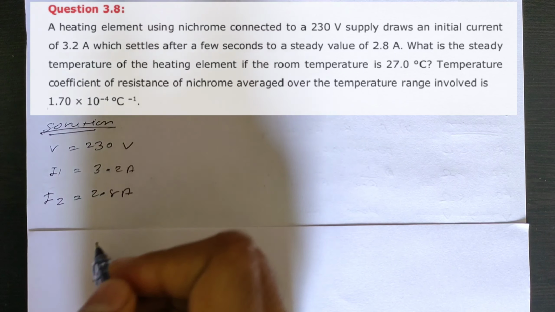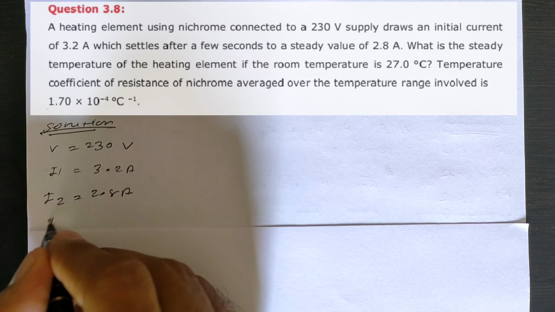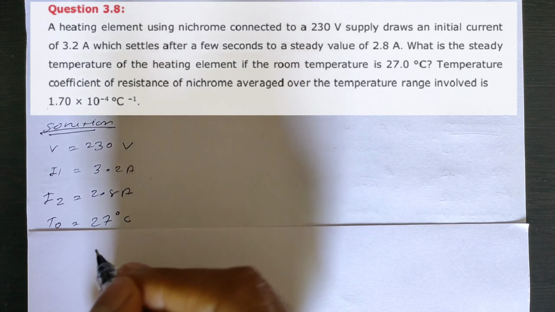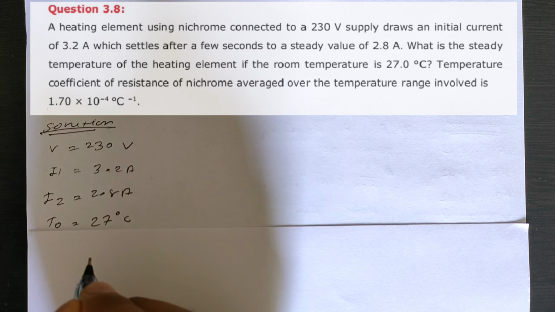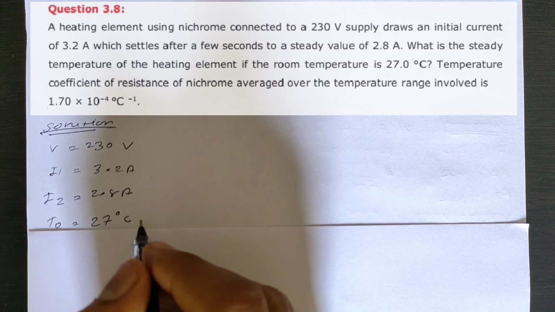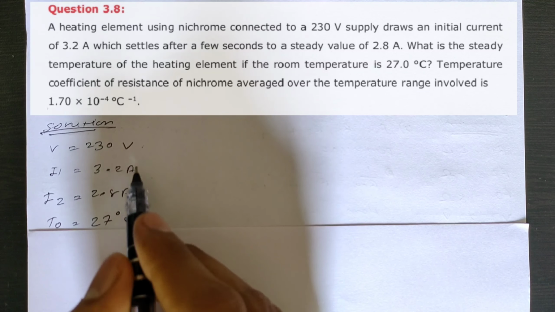Here the reference temperature, which is room temperature, T0 is 27 degree Celsius. Then we also have the value of alpha, and that is equal to 1.7 × 10^-4 degrees Celsius inverse.